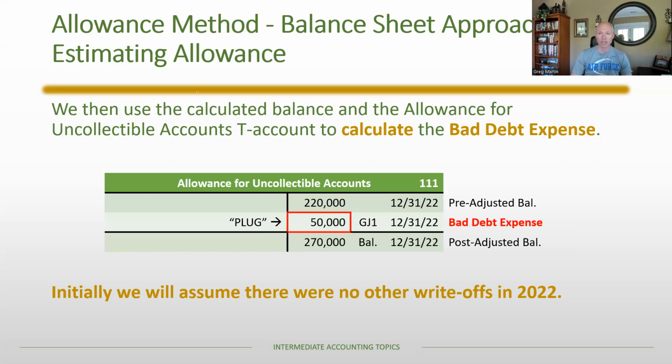But notice it impacts the allowance account, right? So this is an entry in the allowance account. In other words, I need to make a change to my allowance account. And since I need to make a change to my allowance account, of course, that's going to be a credit. You can see that right here, the T account. We're going to be crediting that account. And so the debit then ends up being the bad debt expense.